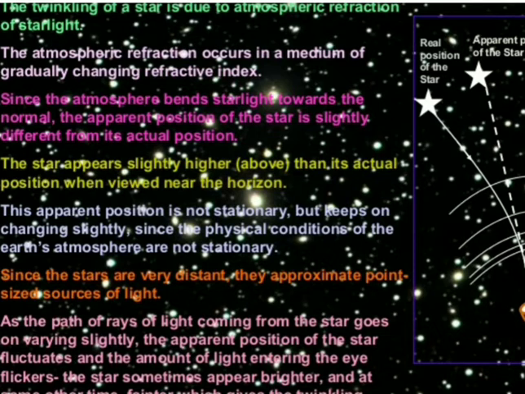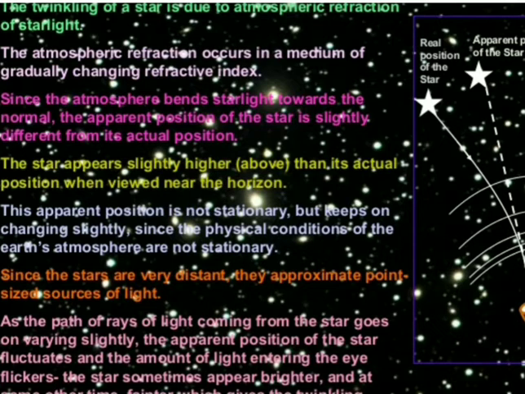Means all stars are sending their light to Earth. As a whole, what will happen? The planet will become a source where there is a collection of a large number of point-size light sources, which nullify the effect of each other.